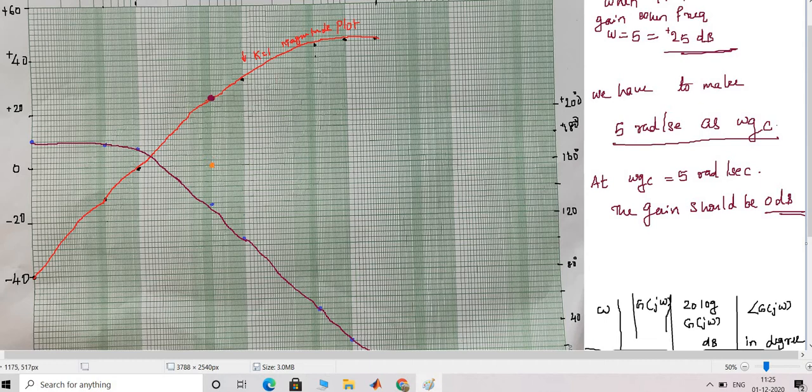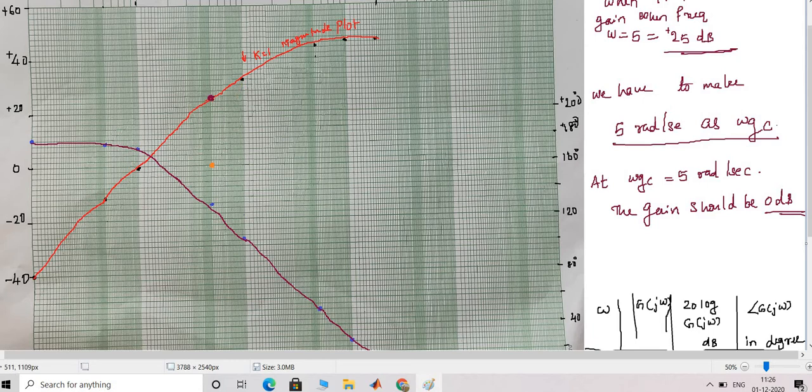Now in each of these points, I have subtracted 25 dB from this point, right? Because this point is plus 25 dB, so I have subtracted 25 dB. This point minus 25, I will get 0 dB. Corresponding to each of these points, I have to subtract 25 dB.